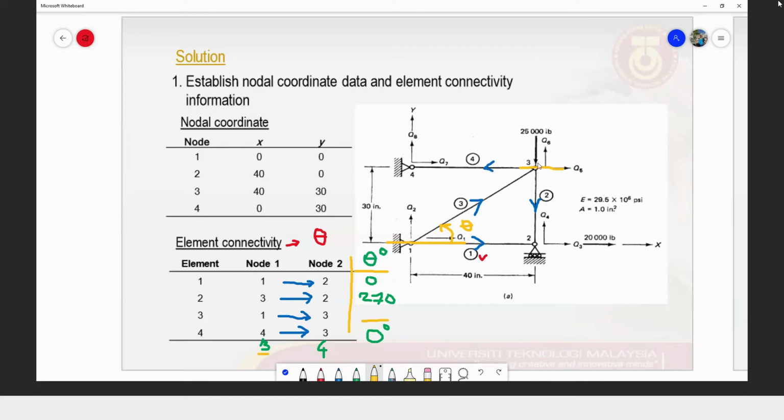Then this element is connected from 3 to 4, and we make the measurement starting from this reference axis until it meets our element number 4. So in this case, if the connectivity of our element is reversed, from 3 to 4, then our angle will be equal to 90 degrees.